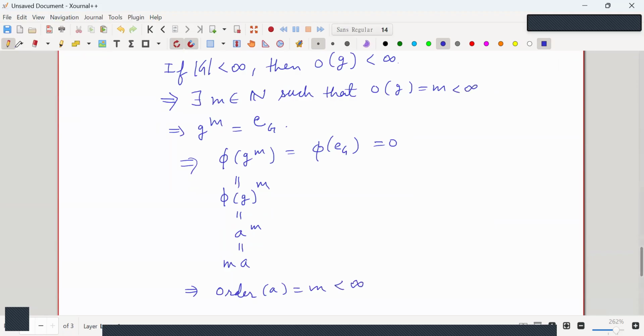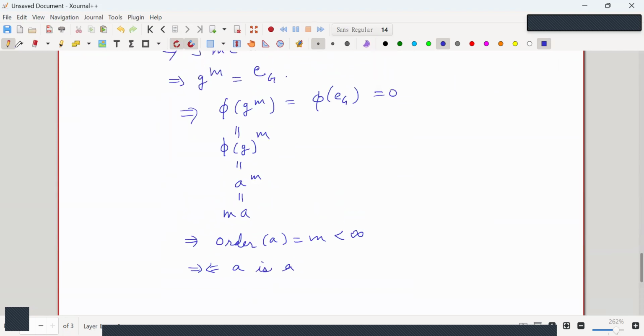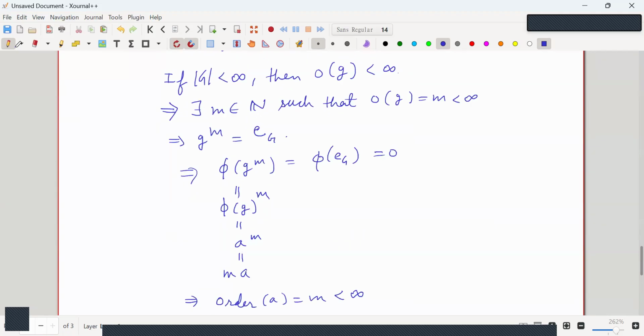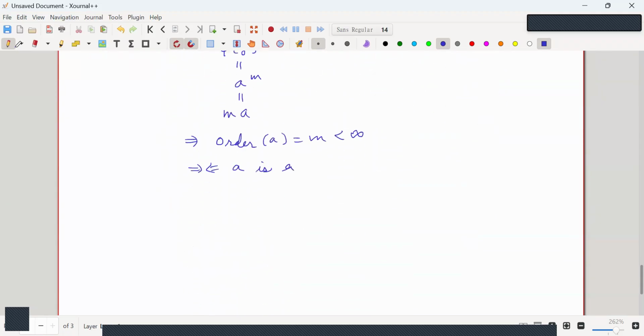This is a contradiction. We know that in integers only 0 has finite order. This is a contradiction to a not equal to 0. Okay.